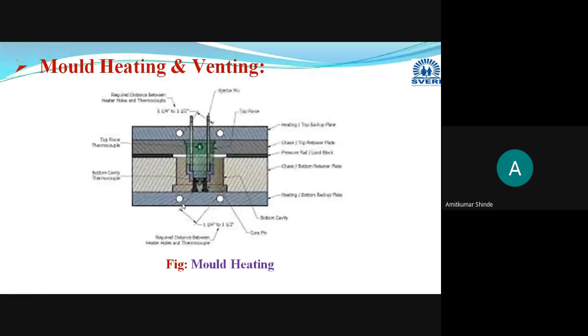To avoid this, the optimum distance between the heaters or thermocouples is provided, and that distance is mentioned in the diagram. I think this diagram is a little bit blurred, so I will mention that point: the optimum distance is in the range 1.25 inch to 1.5 inch.